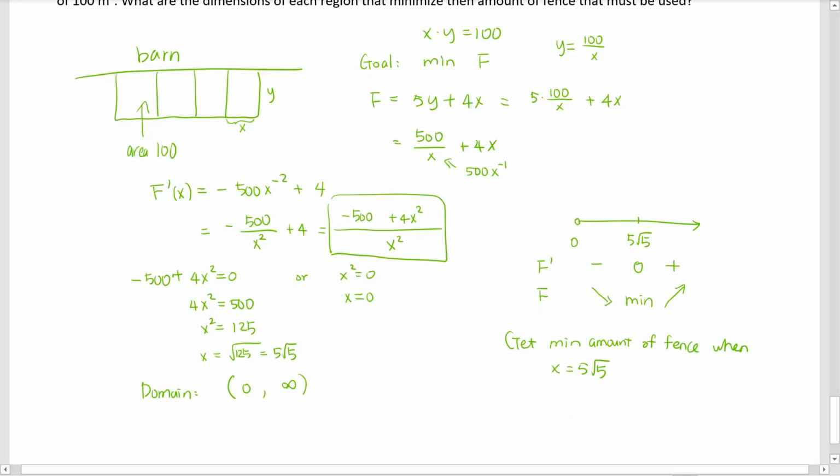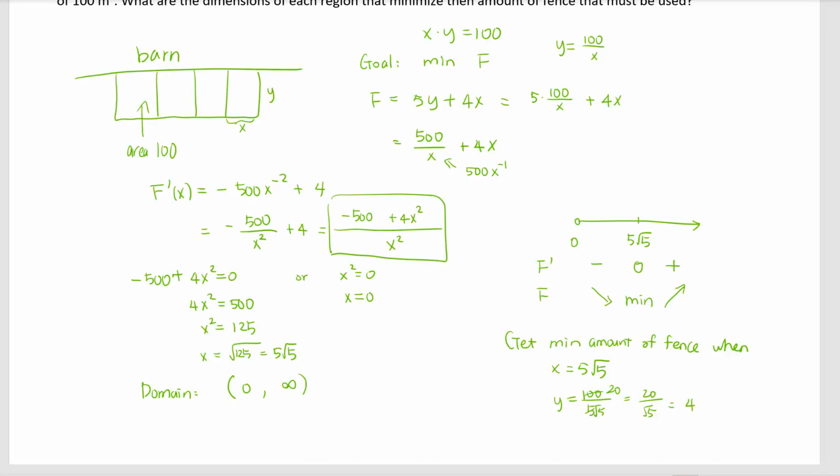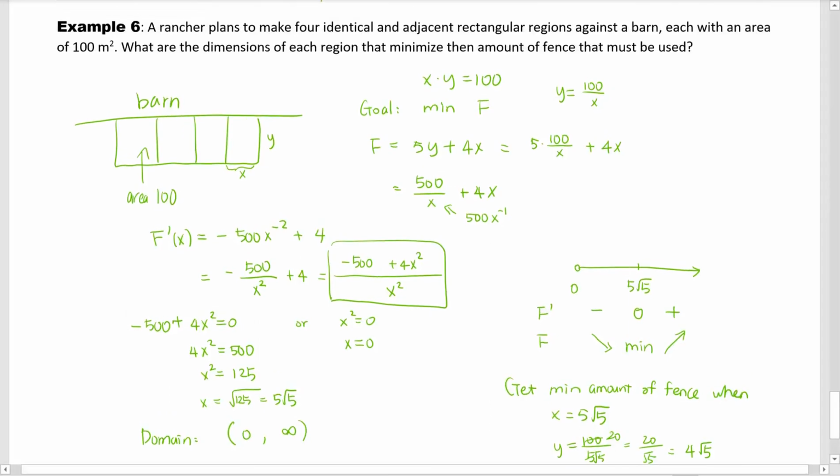That is x. How about y? y is 100 over x. 100 over 5 is 20, so 20 over square root of 5. 20 is 4 times 5, so it's 4 times square root of 5, because 5 over square root of 5 is square root of 5. So now we get the dimensions for x and y.